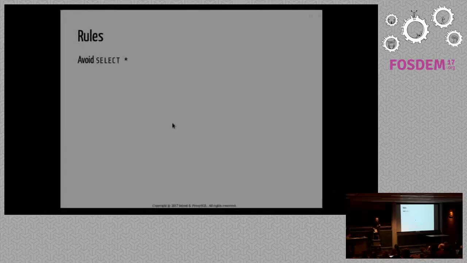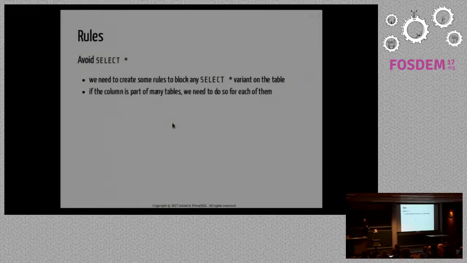If the developer does select star, we need to say, select star, you cannot do it on this table. So we need to create some rules to stop this, and all variants of select star. If the table is part of many tables, we need to do the same.